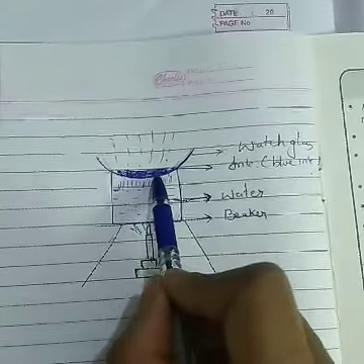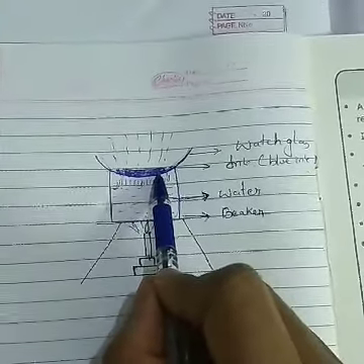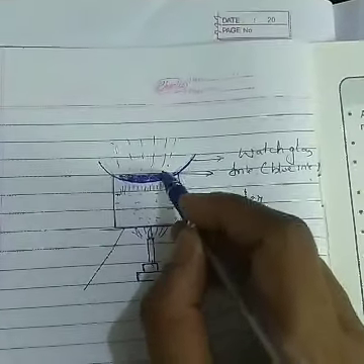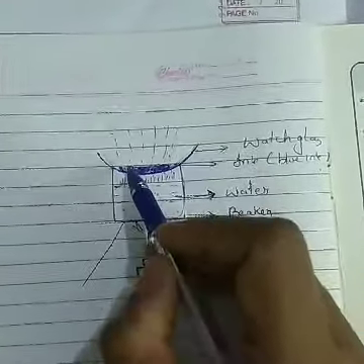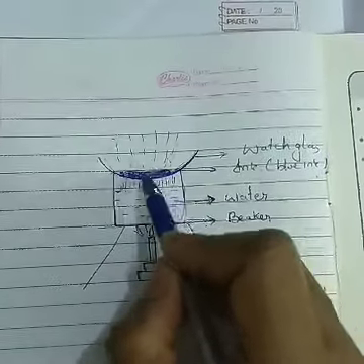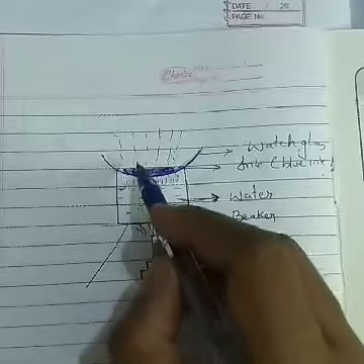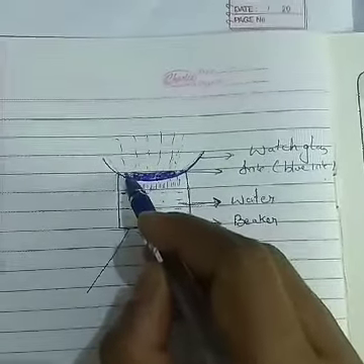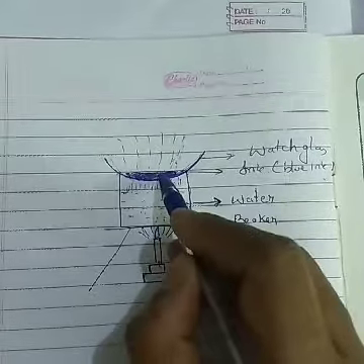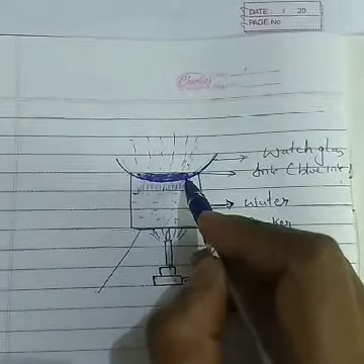The ink present in the watch glass also gets heated up. The water present in the ink gets evaporated. When all the water gets evaporated, only the black dye is left or the blue dye is left.